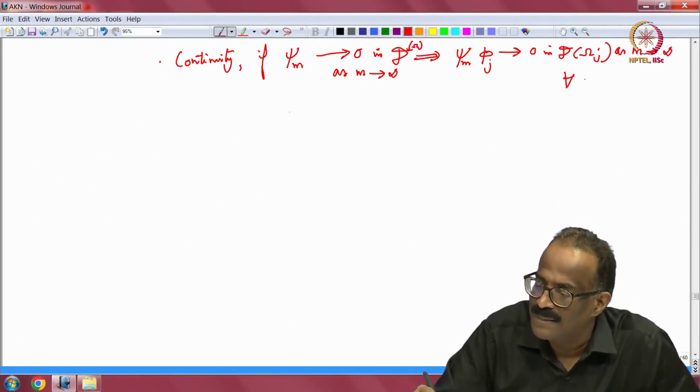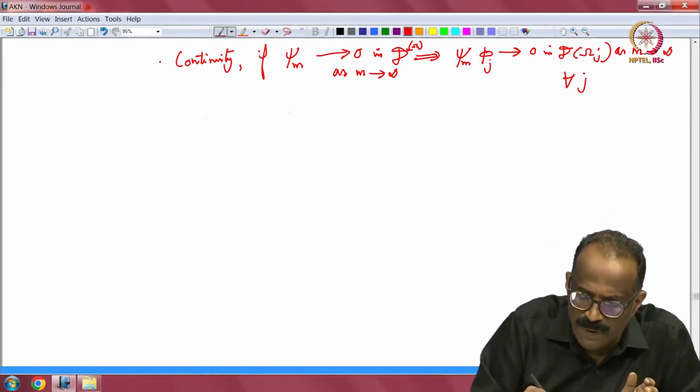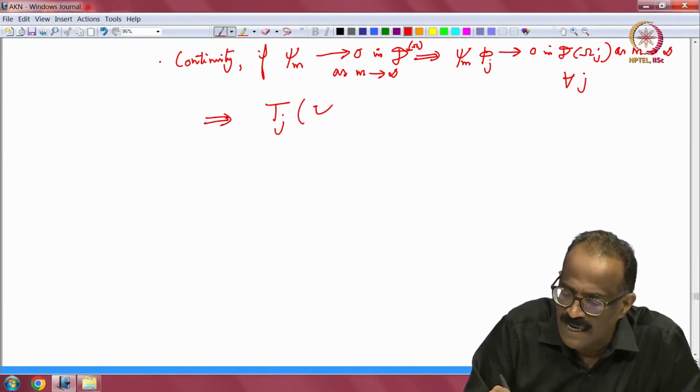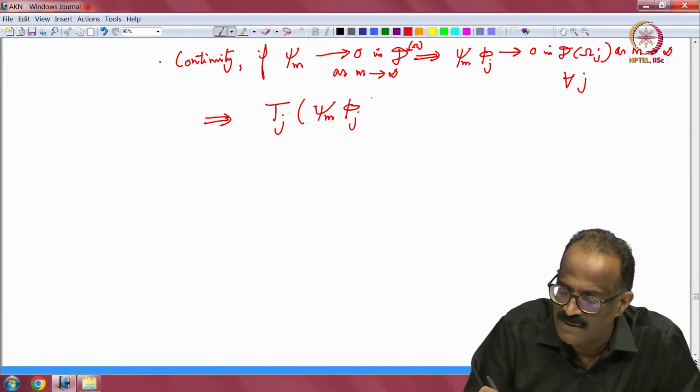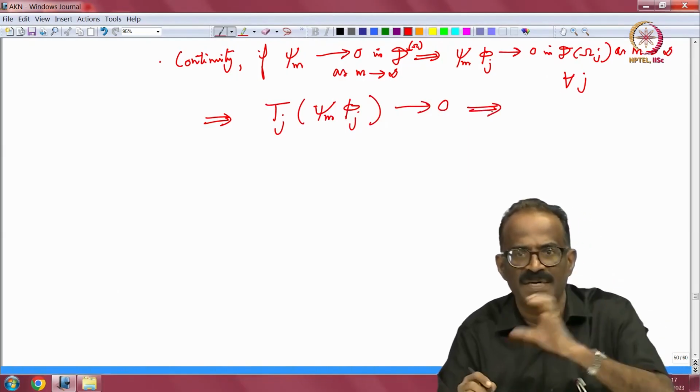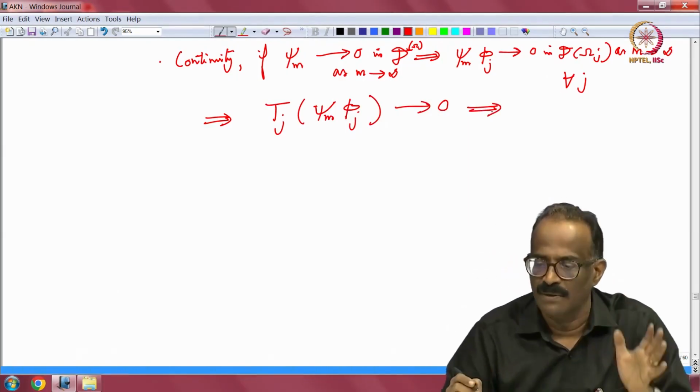For all j, that will imply T j of psi m phi j goes to 0, because the T j are continuous. The summation is again finite, so you do not have to worry.